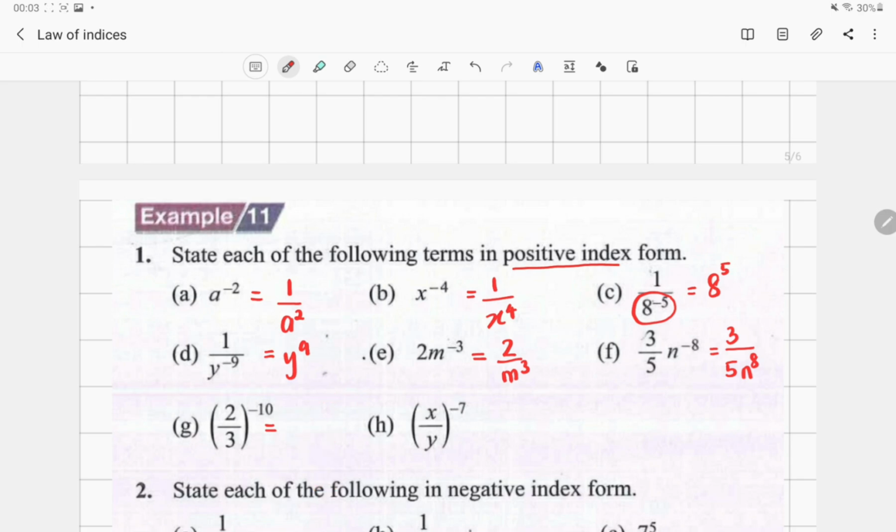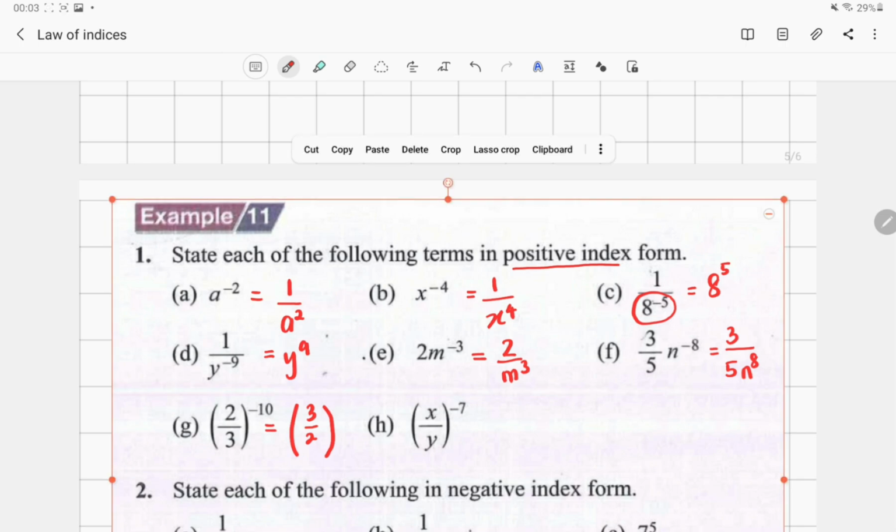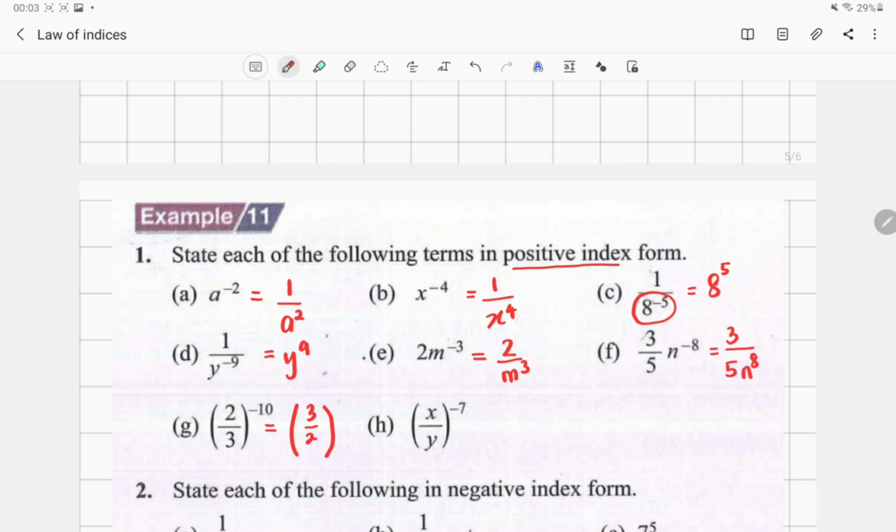In other words, we will get 3 over 2. We reciprocal the fraction, then power of 10, positive 10. Same goes to this one. We reciprocal y over x to the power of 7.